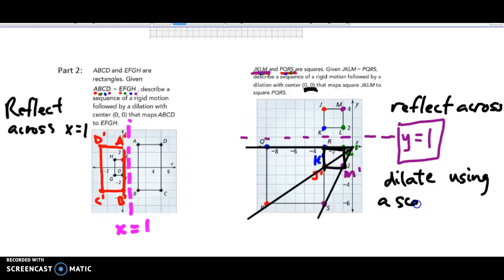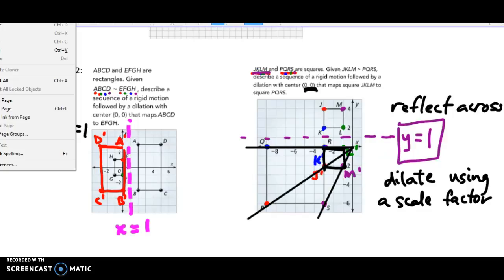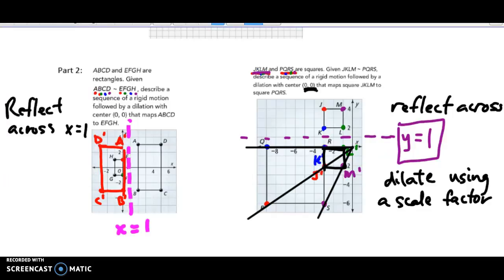So to do that, let's look at our points. So I'm going to have to erase some of this. I don't want to erase that.